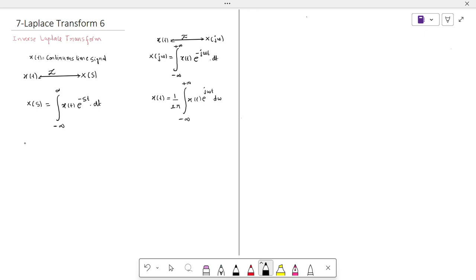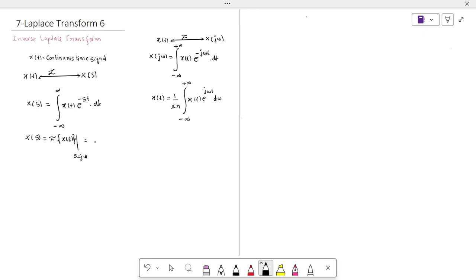Here I would like to tell about the relation between the Laplace and Fourier transform, which we have already discussed. The Laplace transform X of s equals the Fourier transform of x of t, under the condition s equal to j omega.